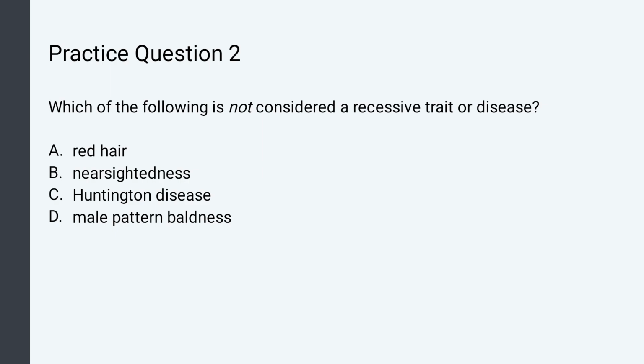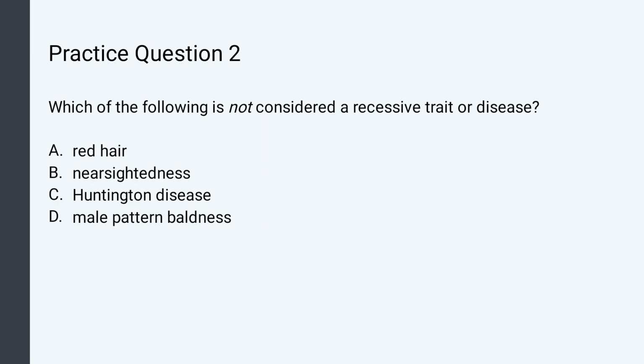Question 2. Which of the following is not considered a recessive trait or disease? We have red hair, nearsightedness, Huntington's disease, male pattern baldness. So we have 3 seconds. So it is male pattern baldness. Red hair is a dominant trait. Nearsightedness is a disease.